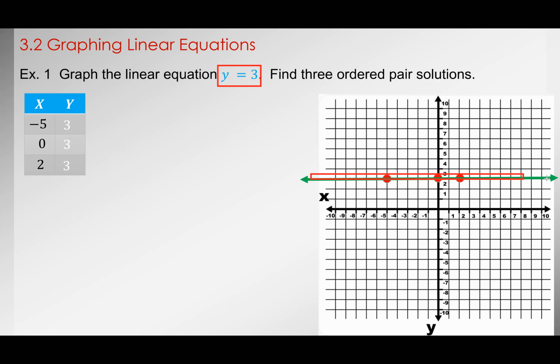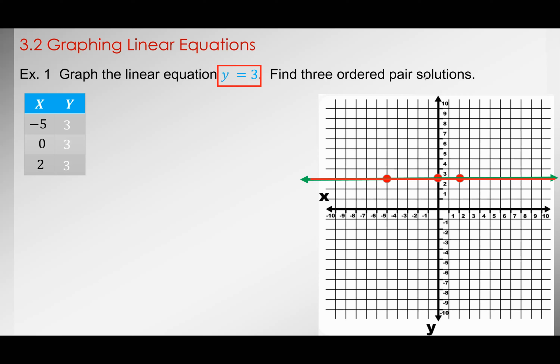No matter where you walk along this line, the only thing changing is your x value. Your y value does not change. This will be -10 for x, the y is 3. This will be -8 for x, but the y is 3. Over here, it will be 8 for x, but the y is 3. The y does not change.